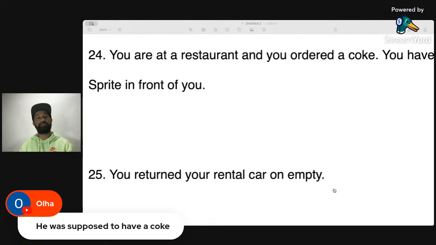They want you to return it full. Well, actually, they don't care. But if you return it on empty, then they will charge you a lot of extra money to make it full. It's much more expensive. So it's better that you don't do this.